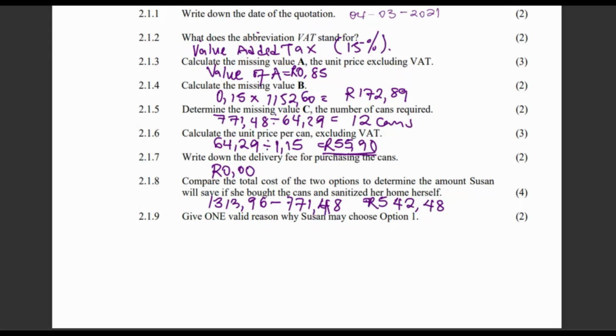So this is the change, the balance. Give one valid reason why Susan may choose option 2. The answer I got is 542.48.